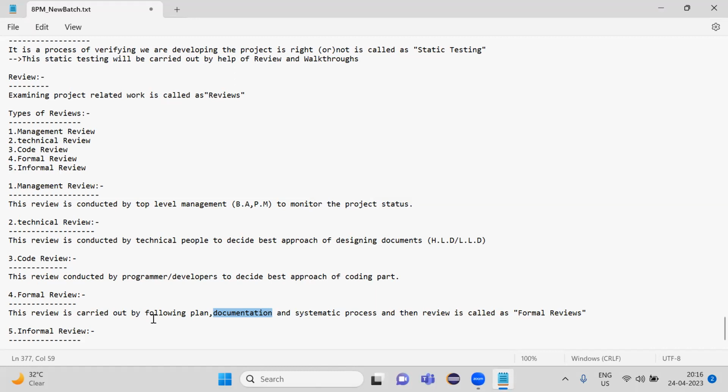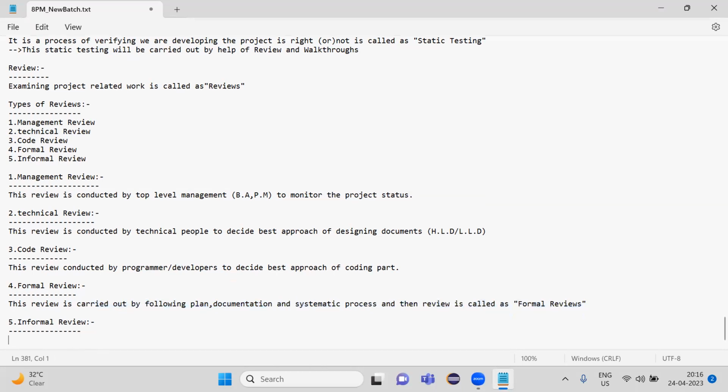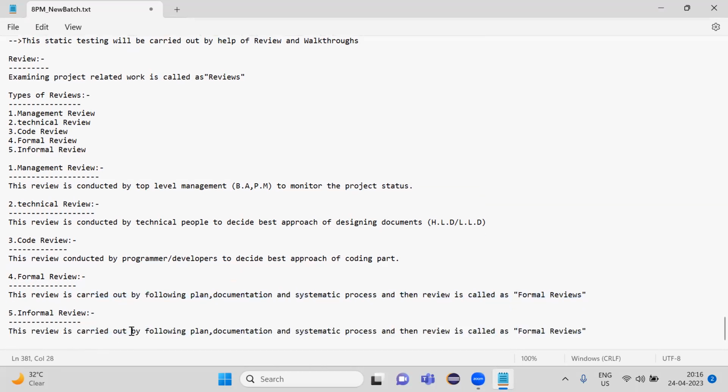Few companies will follow each and everything, some companies won't follow. That is called informal review. Understanding? Yes, sir. This review is carried out without following any plan, documentation, and systematic process. Then conducting reviews is called informal review.